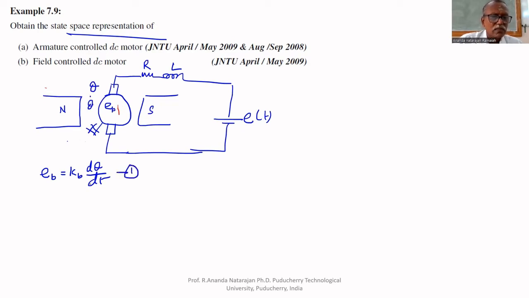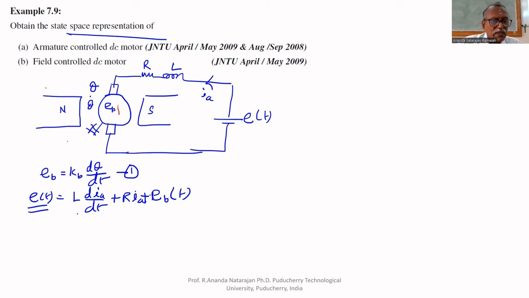This is the first equation. The second equation is the electrical equation. We can write E of t equal to the applied voltage, E of t equal to L dIa by dt, since the current through this is Ia, the armature current, plus R Ia, plus EB of t, which opposes the applied voltage.